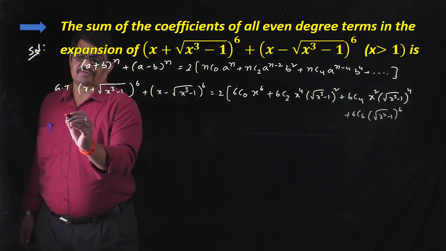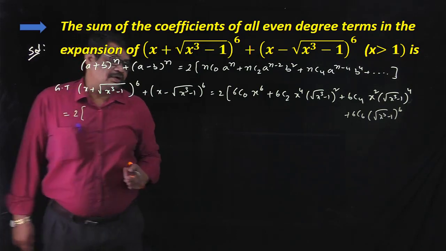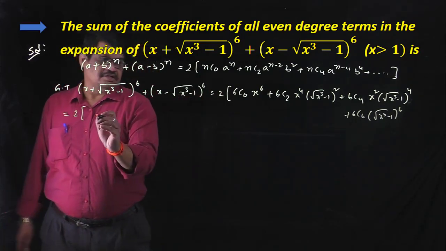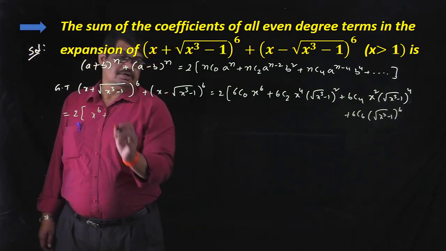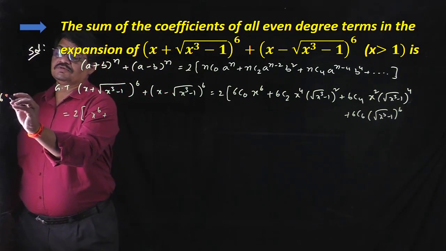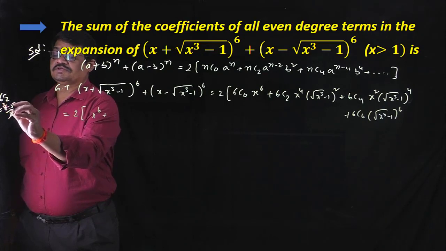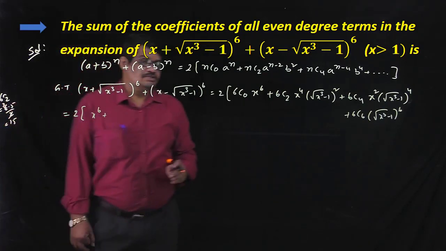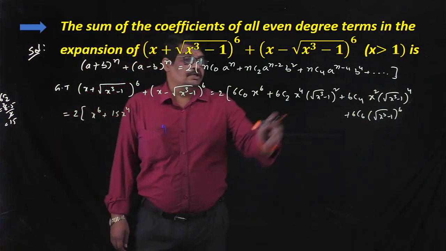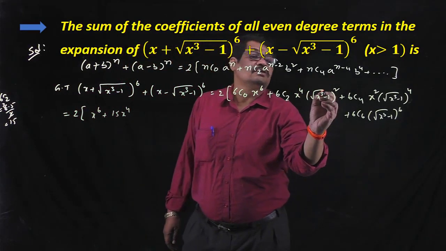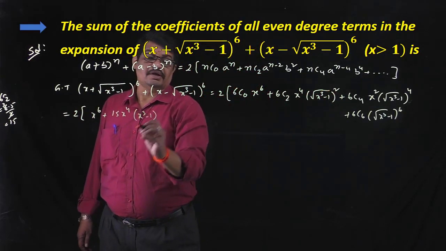Now we are simplifying, that is equal to 2 into, now we are writing 6C0, that is 1 into x power 6. Next 6C2, that is 6 into 5 by 2, 2 3s, 3 5s, 15. Now 6C2, that is 15 x to the power of 4. Here root and square will be cancelled, we are getting x cube minus 1.